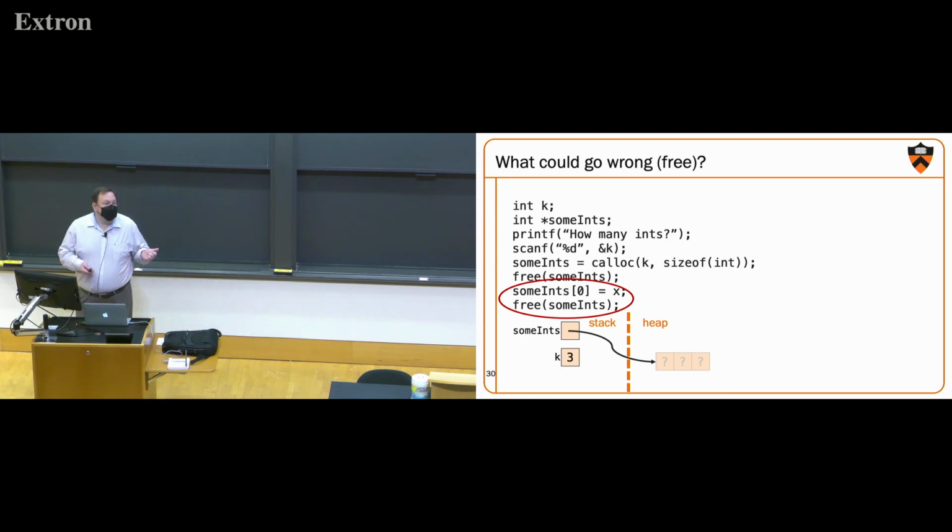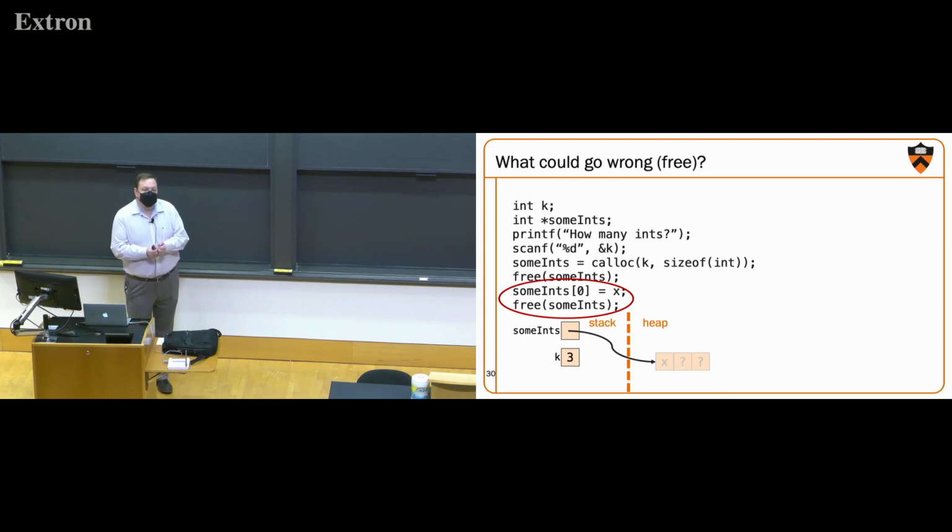So the first one is problematic because you are storing through that pointer. You are storing something into some location in memory. And that location in memory you have now already declared you're not using for this purpose anymore. So a couple of things might happen. One is free might have actually given this memory back to the operating system.